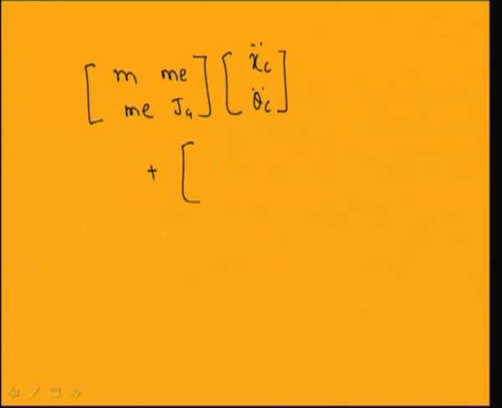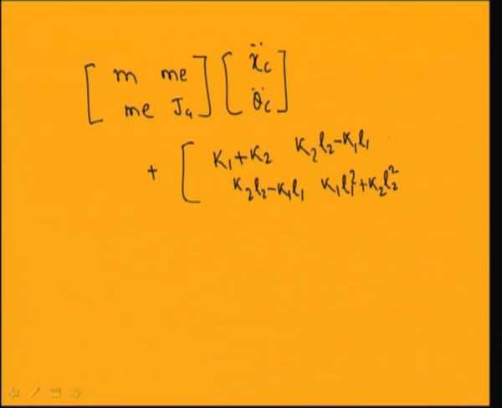So it becomes the mass matrix m, m e, m e, J, into x c double dot, theta c double dot, plus the stiffness matrix k1 plus k2, k2 L2 minus k1 L1, k2 L2 minus k1 L1, k1 L1 square plus k2 L2 square, into x c, theta c, equal to 0, 0.